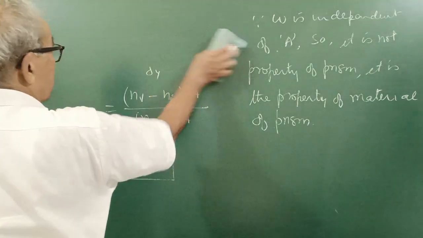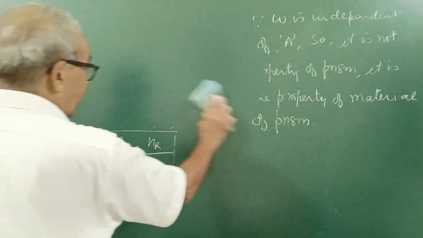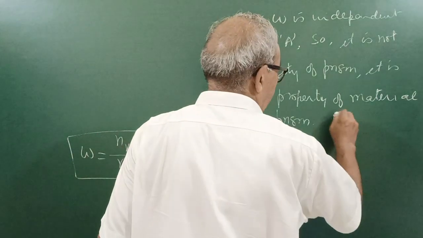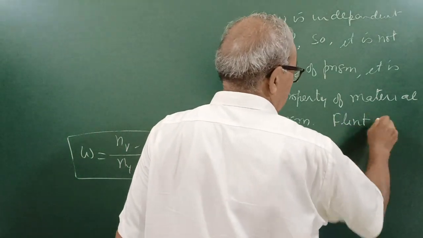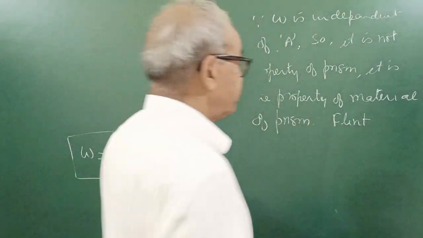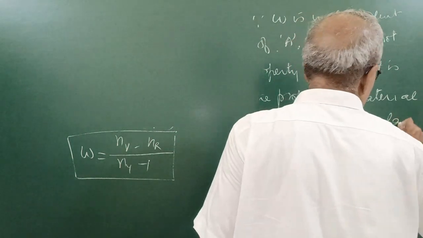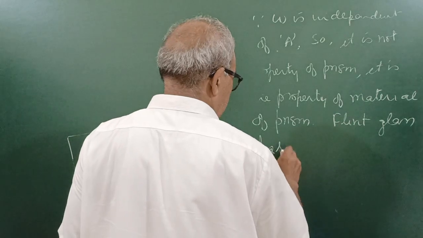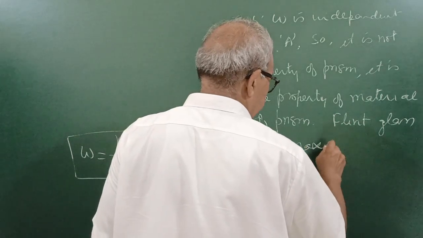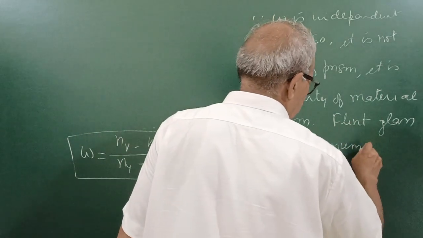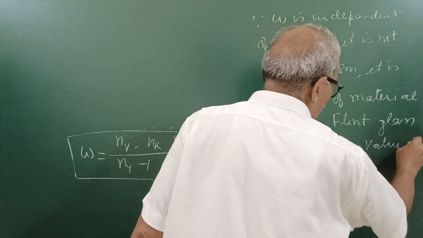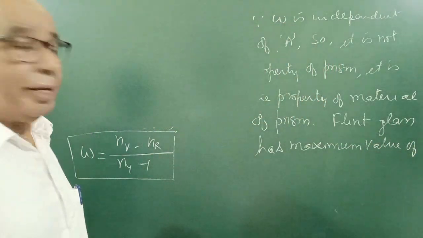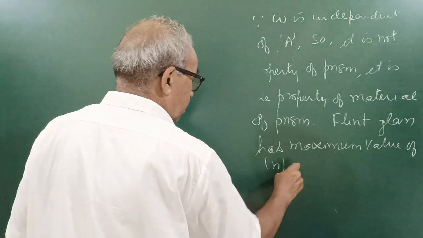Among all the glasses, dense flint glass has the maximum value of N for every color.